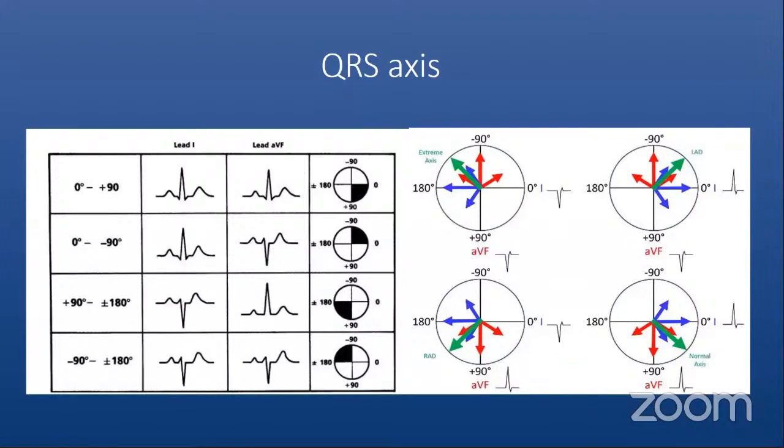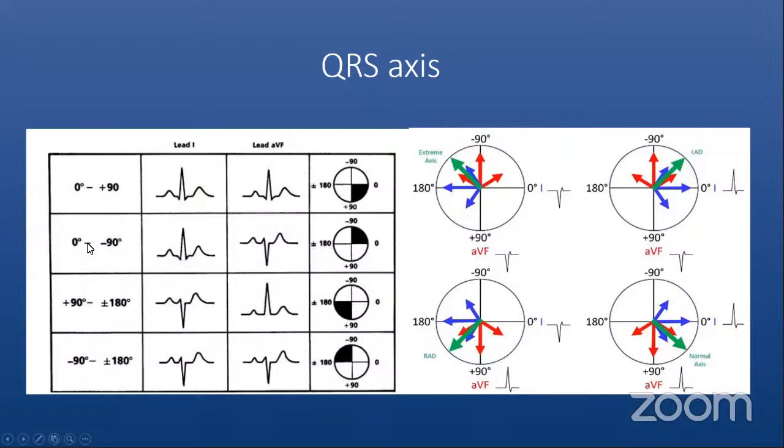Or the other way is to look at which lead has the equiphasic QRS complex, and the exact axis is perpendicular to that lead. Sometimes it becomes very difficult to remember exactly what angle it was. The simple way is deciding about the quadrant, and then looking at the highest amplitude. That lead will have exactly that QRS axis.